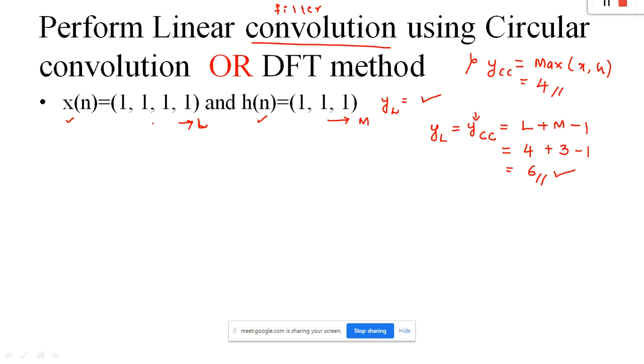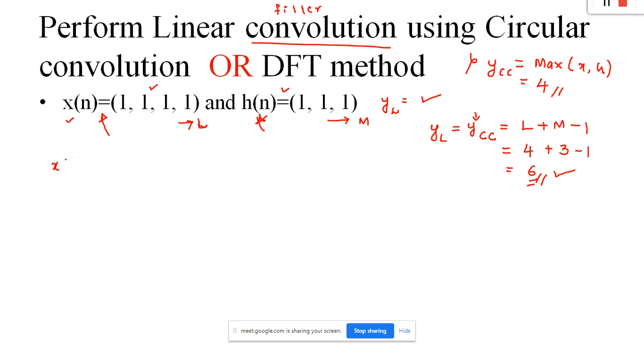So here what I should do is match your inputs x of n and h of n to a balanced length. That's it. Balanced length means, here the output should be 6. You match the inputs x and h to this particular length by appending zeros.